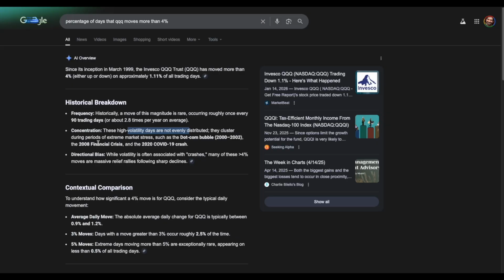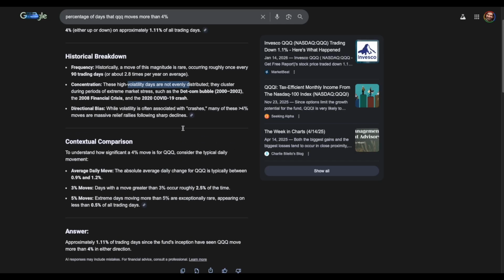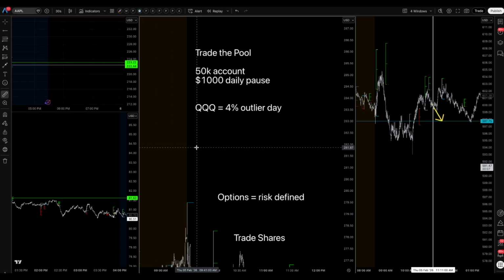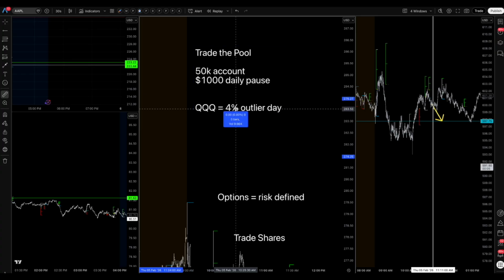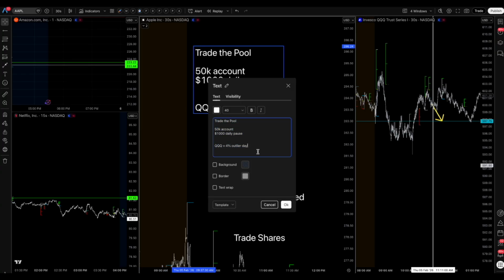So if we have one, okay, lighten up a little bit, because that means that we might have another one really soon. In general, we know that the Qs are going to move less than 4% on almost every day. So the next thing we're going to do is ask, how big of a position could we hold and survive a 4% move against us?